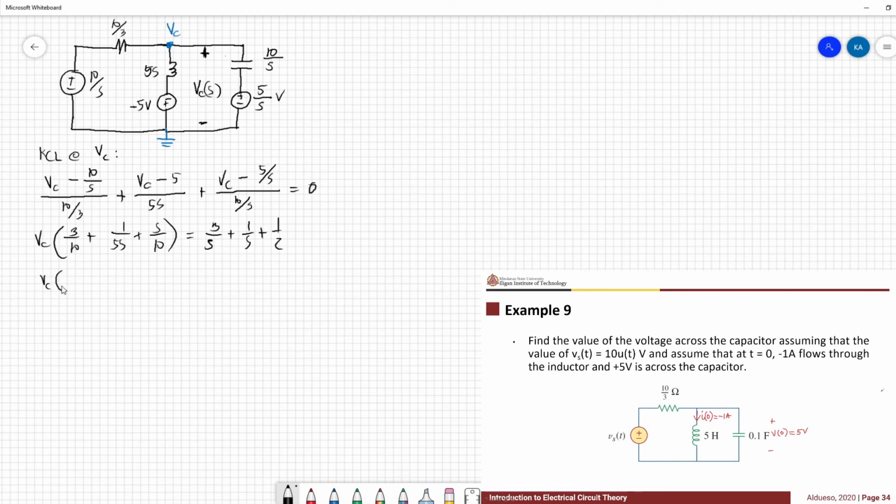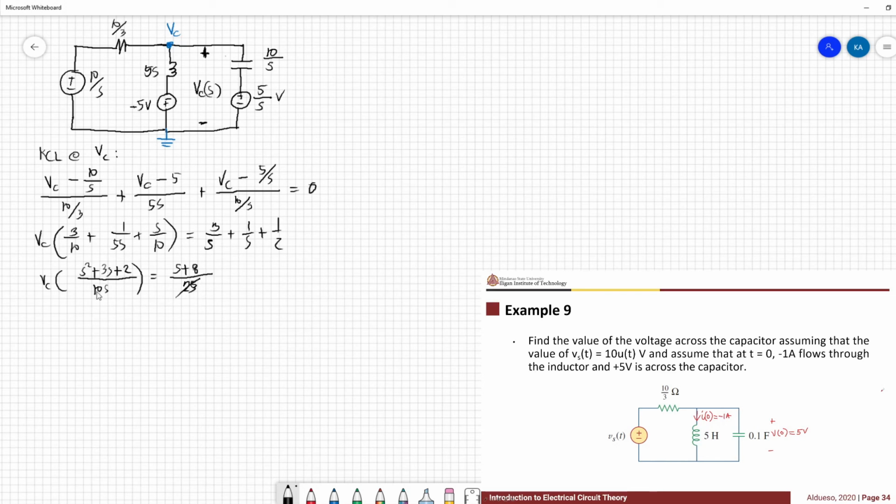We have VC equivalent to S squared plus 6S plus 2, and we have 10S equal to S plus 8 over 2, 2S.